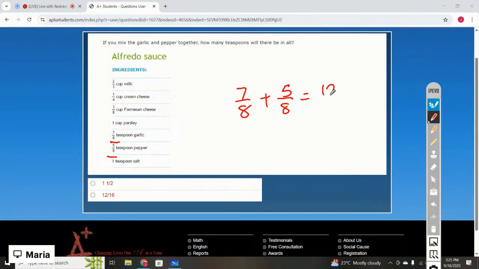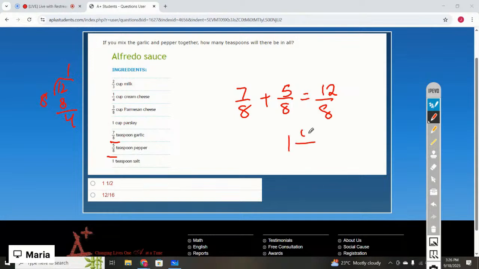Let's just add 7 plus 5 is 12. 12 over 8 it is. 8 times 1 is 8. 12 take away 8 is 4.